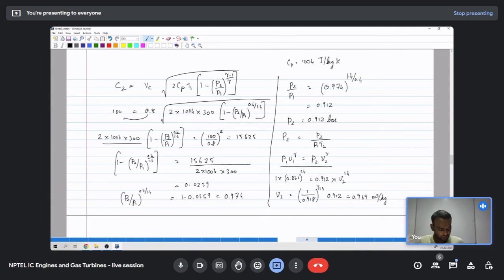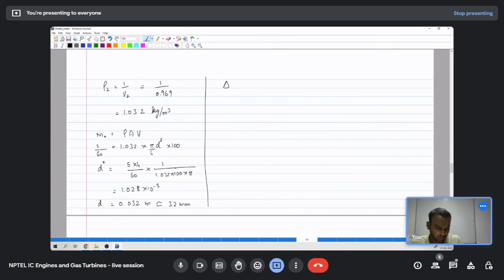Now we have been told that delta pressure in the fuel circuit is 0.8 times the delta pressure in the air circuit. Delta pressure in air circuit is given to us, yes, so that we have calculated.